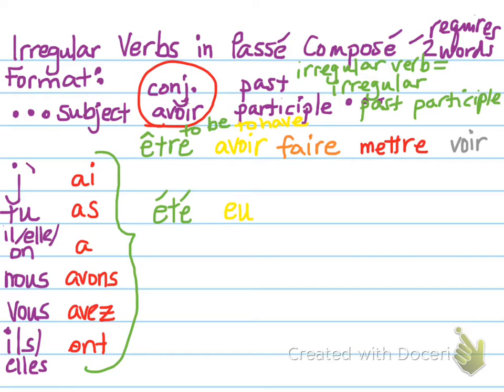Faire means to do, to make. And the past participle of faire is fait. Mettre means to put.